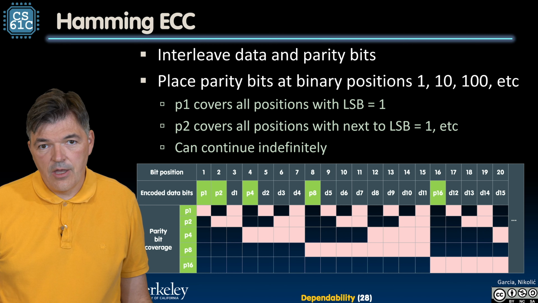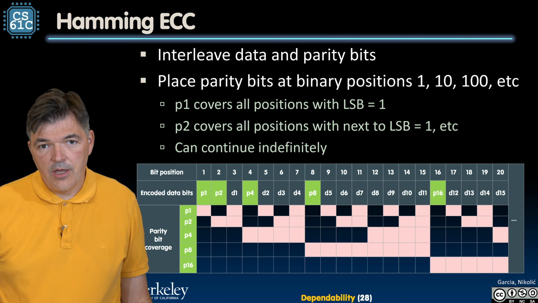And then P4 covers groups of 4, and so on. And this can continue indefinitely, but in practice we generally do this for a block. So if you have a data word that is 8 bits wide, we would add 4 parity bits to encode it. Let's take a look at an example of how we actually do that.